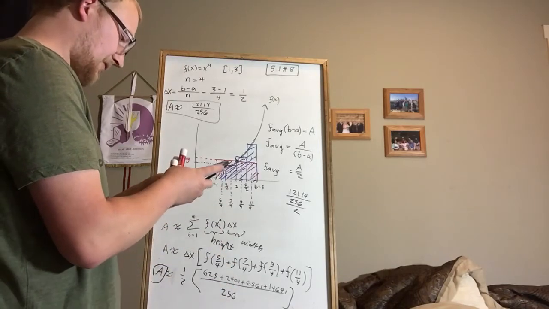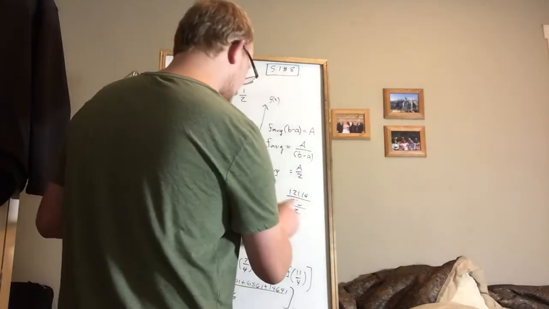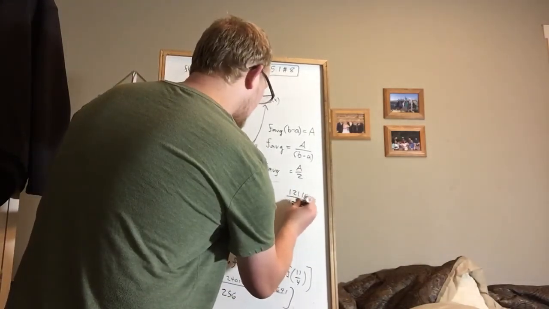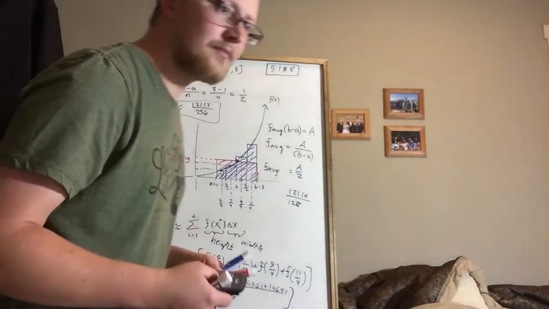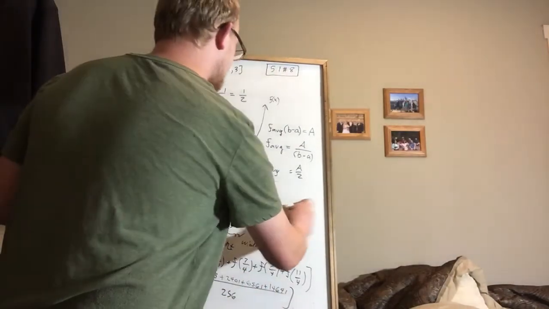And so 256 divided by 2 is 128. Well, I'm sorry about that. Let's go back.